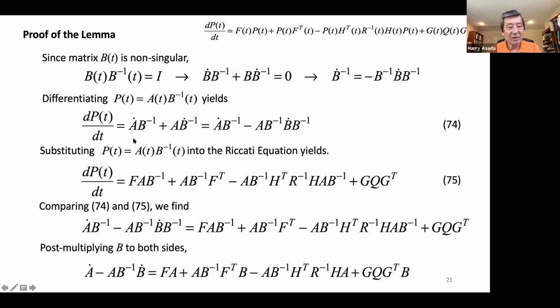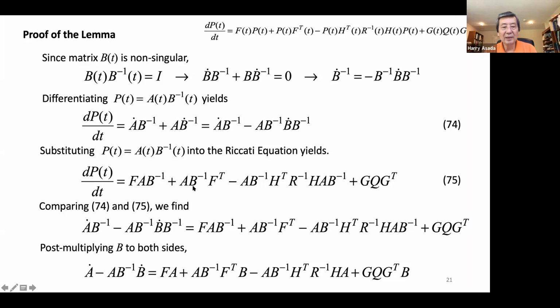Okay, now this is one equation. The other equation is, we know this is our definition. P(t) is now expressed by this. So let's substitute this into the original Riccati differential equation. The Riccati differential equation, sitting here, I just wrote in for convenience. So F(t) and then P(t) is now replaced by A B inverse. Let's put in here.